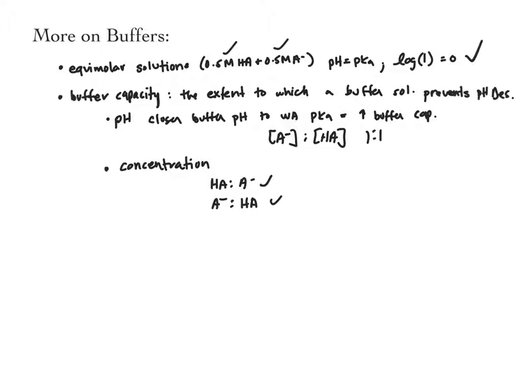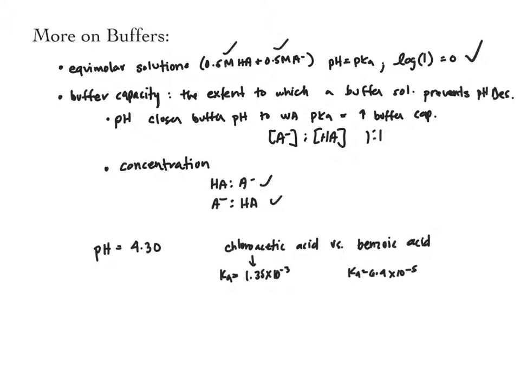Okay, so these two features would be important in determining, let's say, what acid is going to be a better buffer relative to a specific pH that we want to keep. So if we look at an example like this, there's a specific pH of 4.30 that a chemist wants a buffered solution to have.